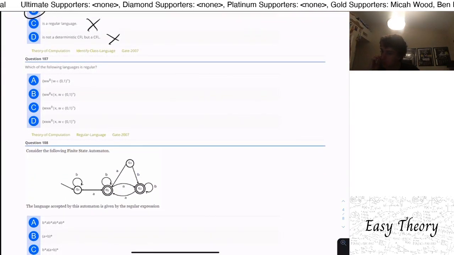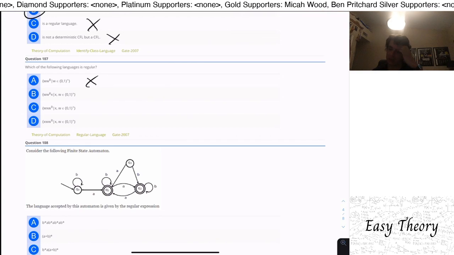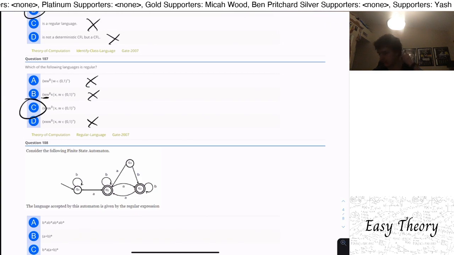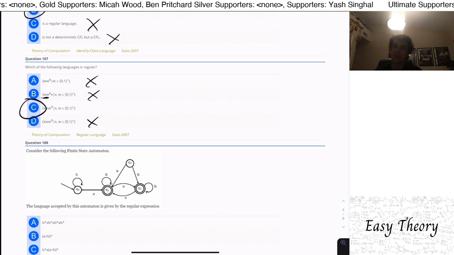Which of the following is regular? Not that one. Okay, so these ones are always kind of tricky. WW reverse next to each other will get you. So it's not those three, it's C. And it's because you can make the W string like one character and the X string as long as you want.